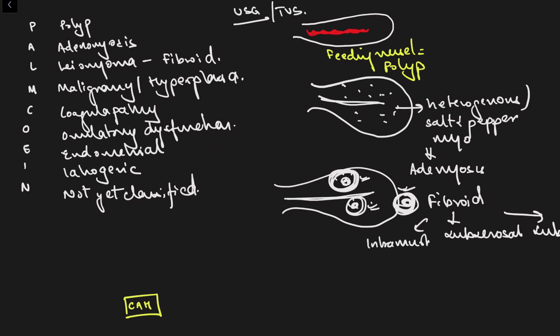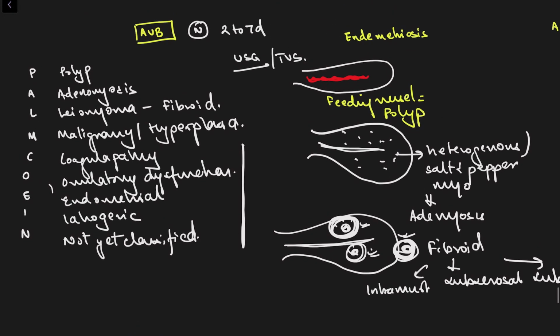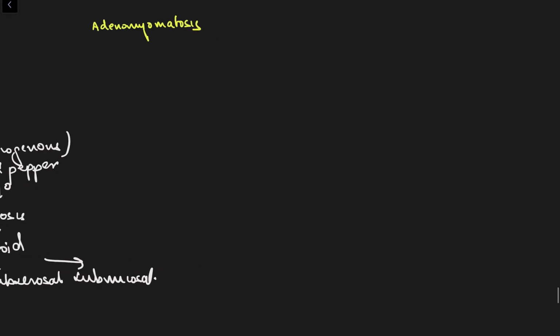Then these are not anatomical conditions, so we will not be able to make them out on ultrasound, but need some other diagnostic approach, right? So, what do we do if a patient comes with AUB? The first thing is that again we will do UPT to rule out pregnancy. Then we will do CBC to rule out anemia. We will advise a pap smear to rule out cervical cancer, right?